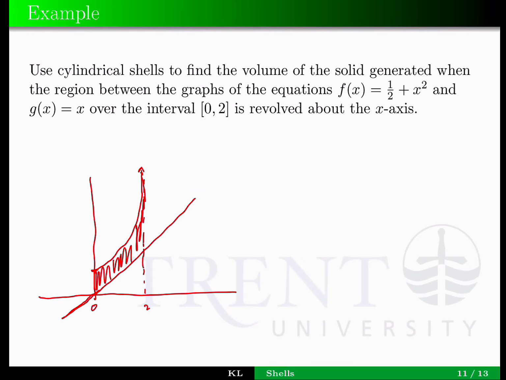Now, when we did this, the axis of revolution is the x-axis. When we did this using the method of washers, we used vertical strips because we must have perpendicularity with the axis of revolution.